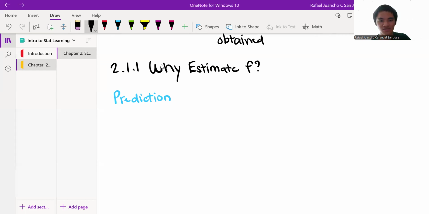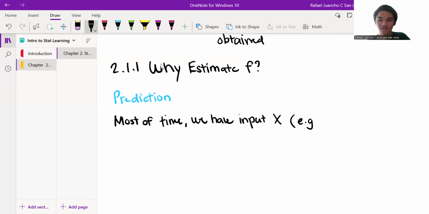Okay, let me just say this. Most of the time, we have input X, like the radio, TV, newspaper budget, right? That's something that we can control.